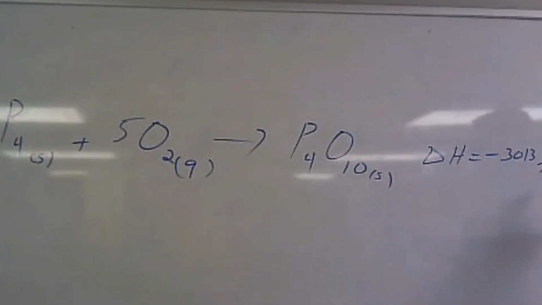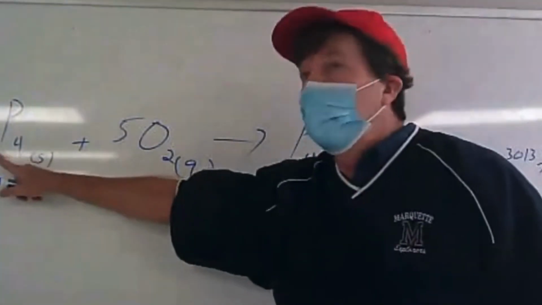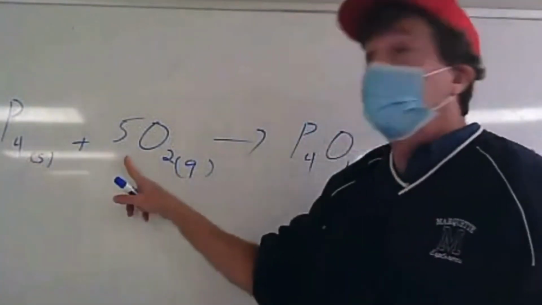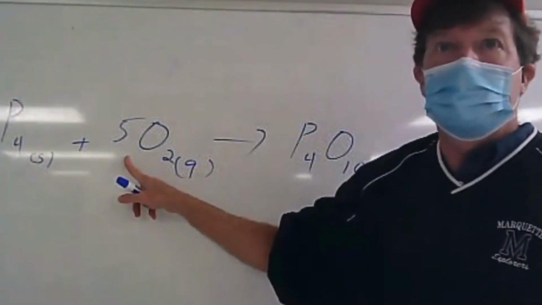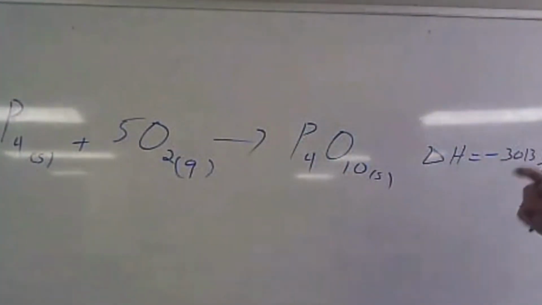Now notice you're going to read that as per 1 mole of this that's consumed, per 5 moles of this that's consumed, just like last time. Okay, per 1 mole of that. Now that's a high enthalpy change.